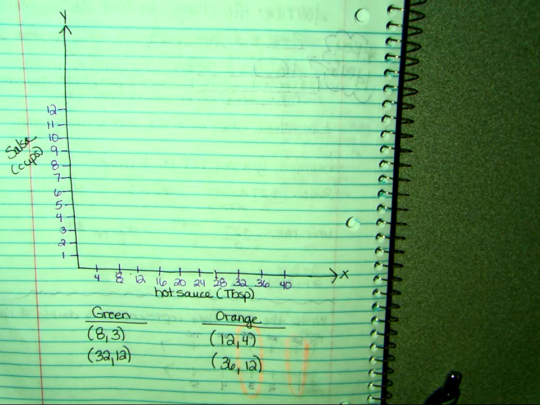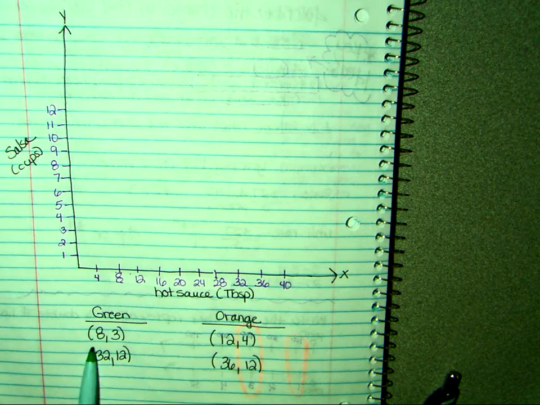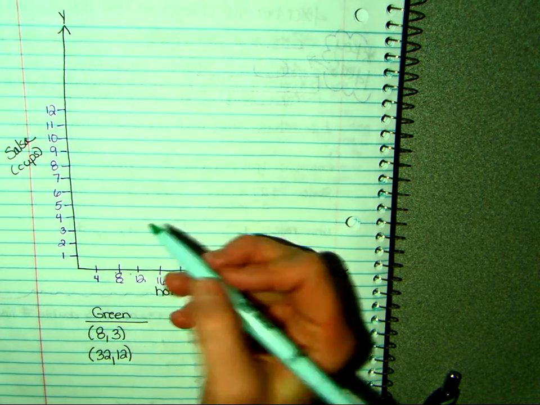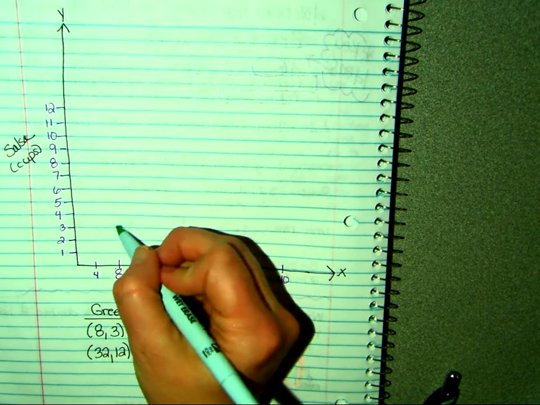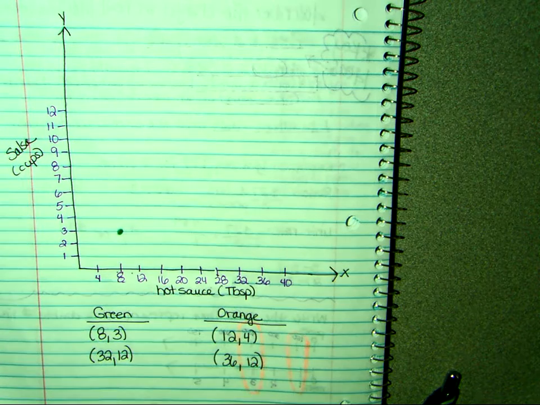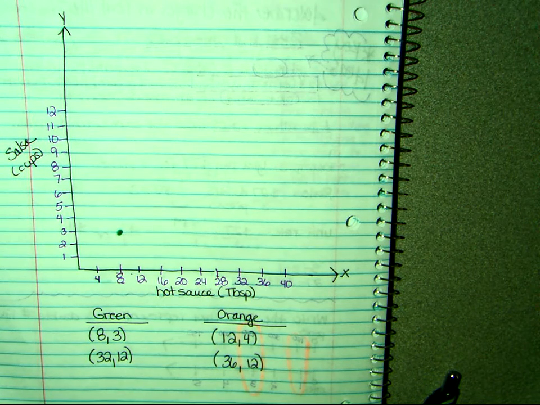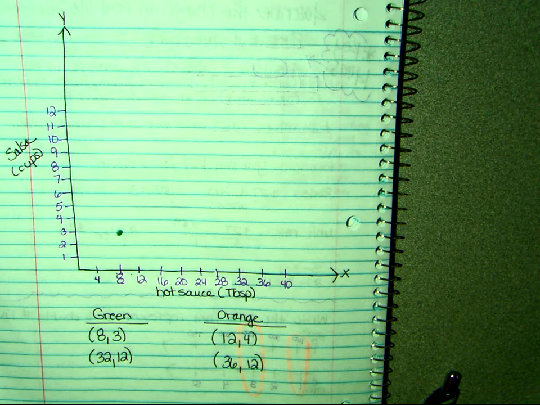Yes. Remember with coordinate grids, what do we do first, the x or the y? X, right? You go over to x, and then you go up or down to y, right? So we're going to go over to 8, up to 3, which is going to be right here, and we're going to create a dot. I'm using green because it's the green bowl. You don't have to use green. I have the marker, so why not?